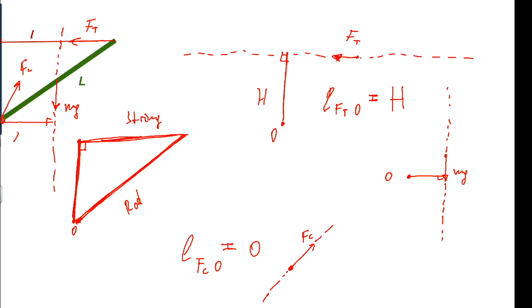That's supposed to be the lever arm of the force of gravity relative to the hinge. Okay? This is it. Lever arm of the force of gravity relative to the hinge.